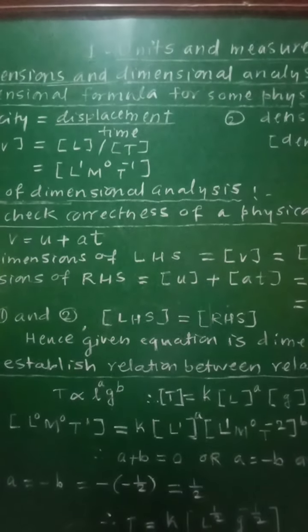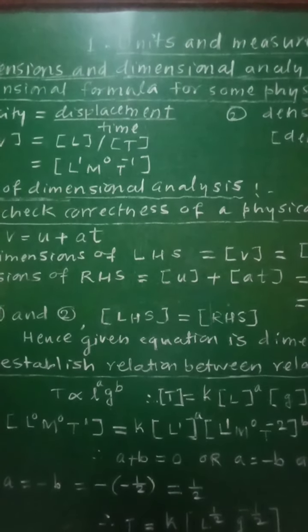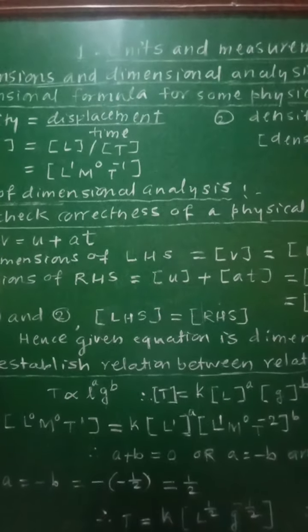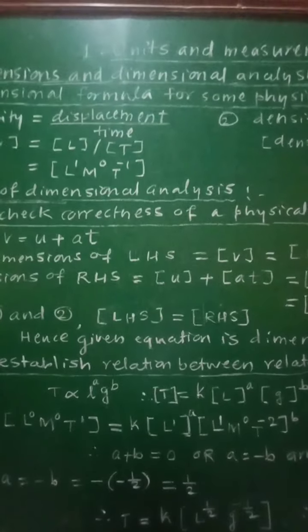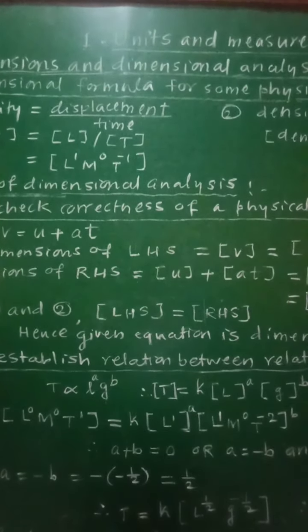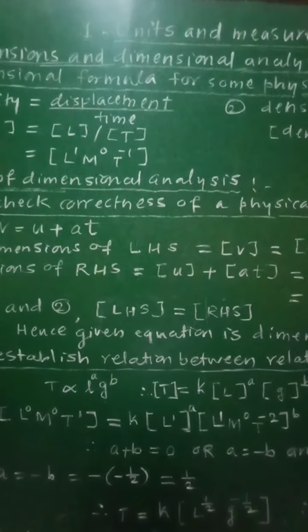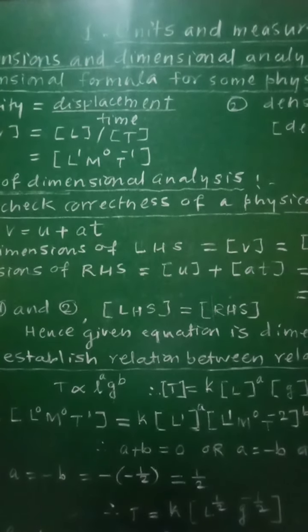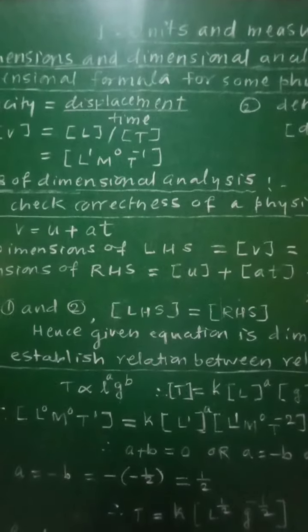These basic or fundamental physical quantities will be used in order to write the dimensions of a given physical quantity in the form of these symbols of the fundamental or basic physical quantities.